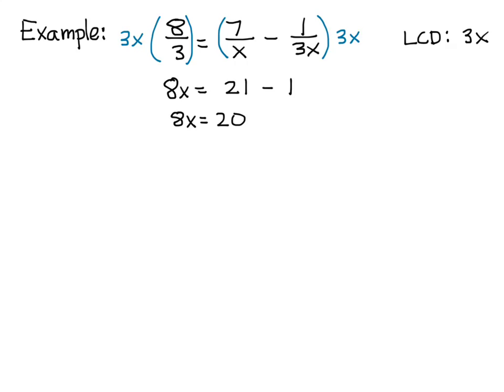And so 8x equals 20. And so x equals 20 over 8, and we reduce that to 5 halves. And again, we'll keep with the principle of using reduced improper fractions.